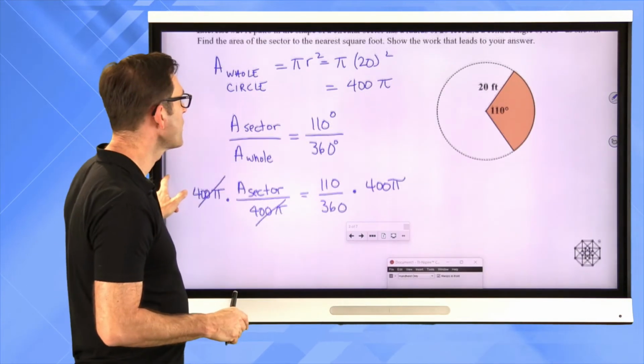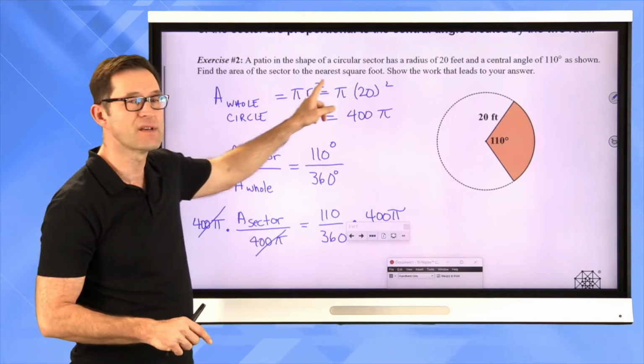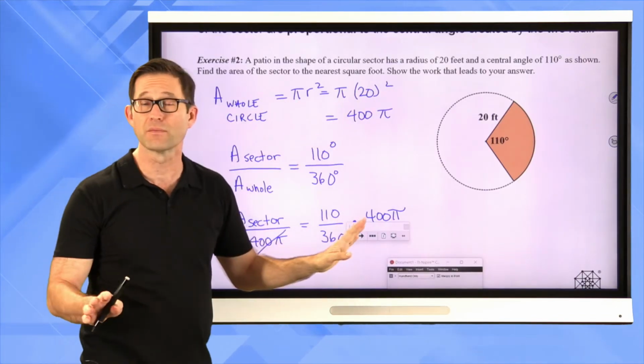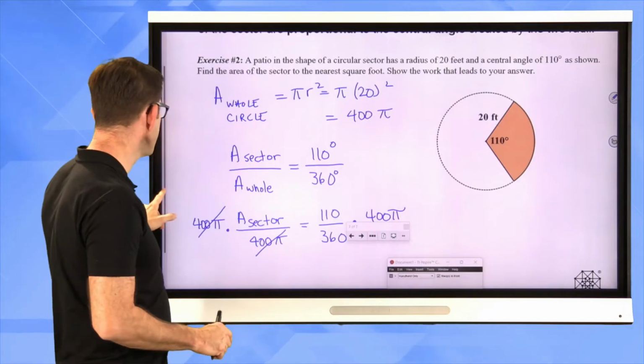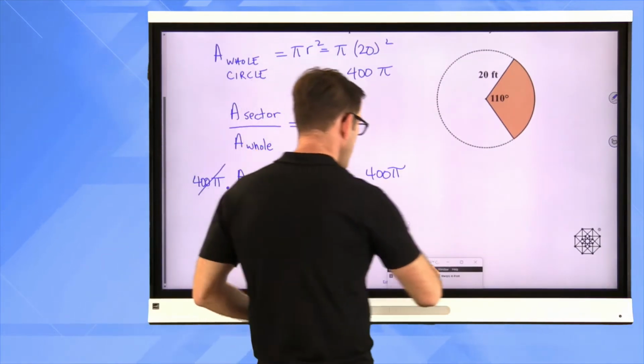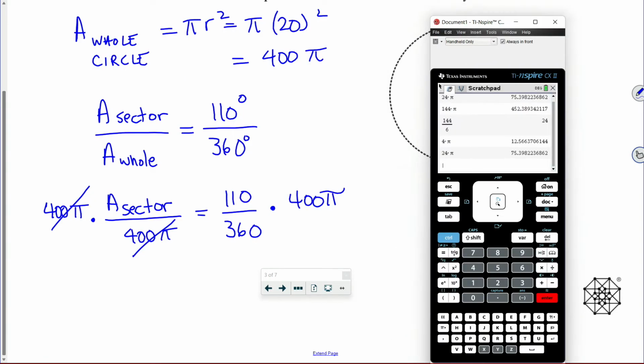Now let's just make sure how we want our final answer. It says find the area of the sector to the nearest square foot. I don't need it in terms of pi. And what's great about that is that I can now bring my calculator out. I'm going to do this fraction, 110 over 360, that's the fraction of my circle taken up by the sector, times 400 pi.